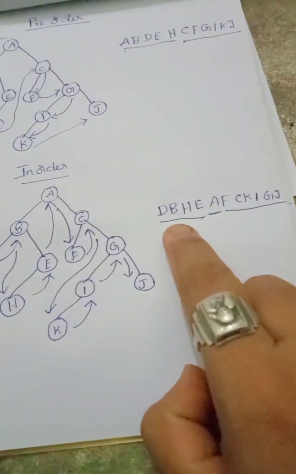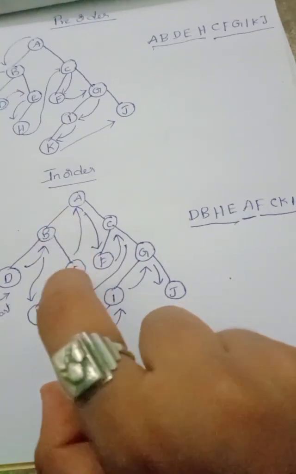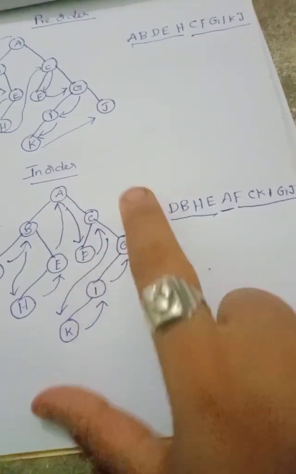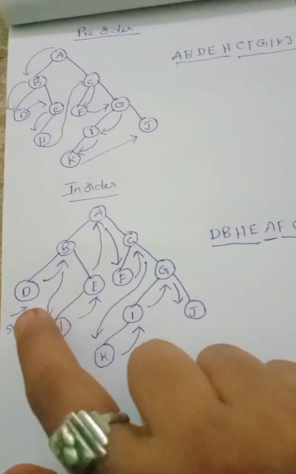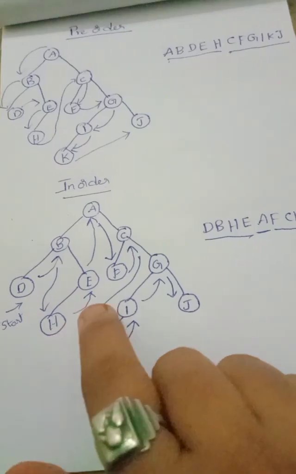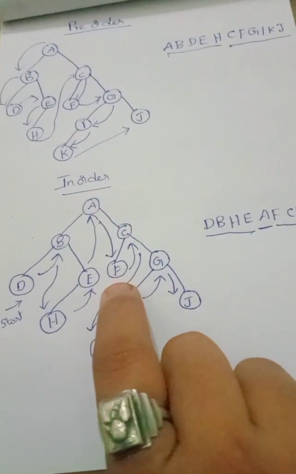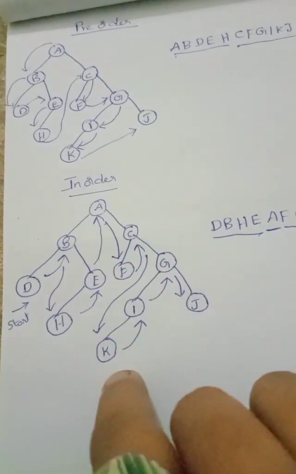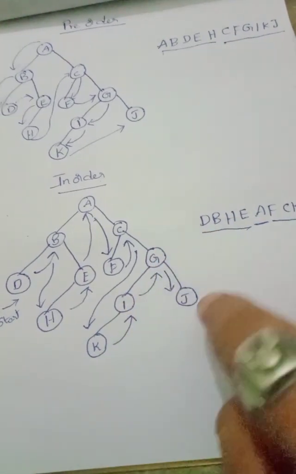We go to the root. After that we go to the right subtree. Here D, after that B, after that H, after that E, after that A, after that F, after that C, after that K, after that I, after that G, after that J.